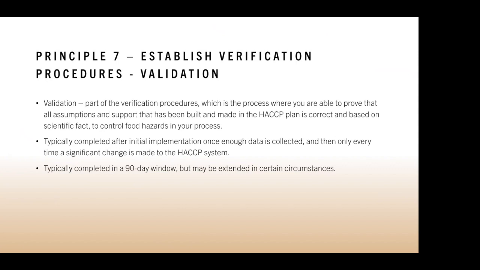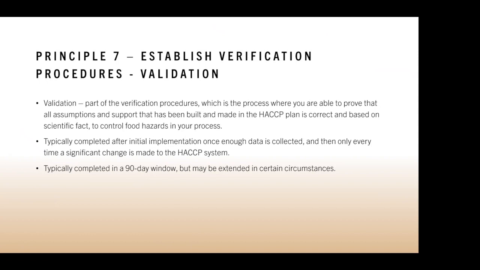So, validation is the first part of Principle 7 of establishing verification procedures. Validation is the process where you are able to prove that all assumptions and support that has been built and made in the HACCP plan is correct and based on scientific fact to control food hazards in your process.